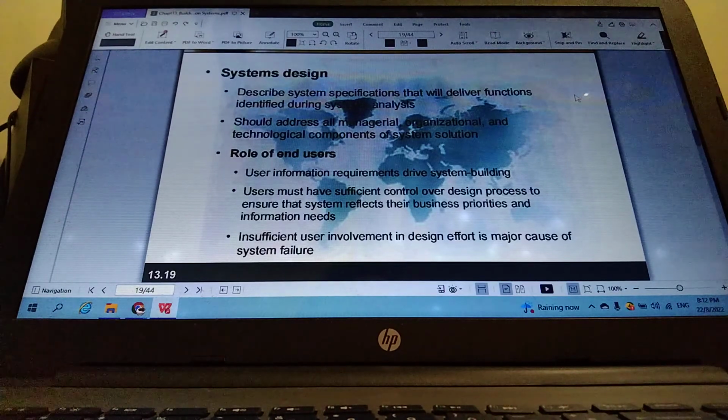So system design involves a lot of IT technical activities, which I'm not going to share with you here, but there is a long list of technical diagrams such as the event-based diagram, context diagram, data flow diagram, which we might look into one or two later, but those are very technical, very IT related, which are not required to be discussed here, but I can just introduce them to you.